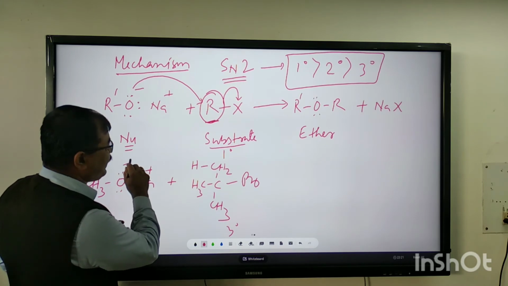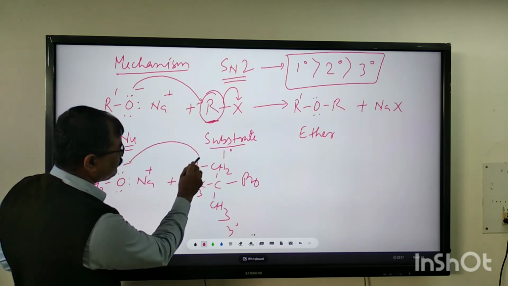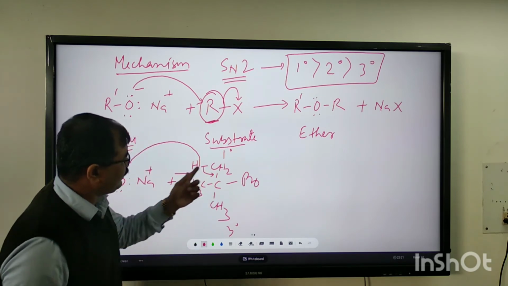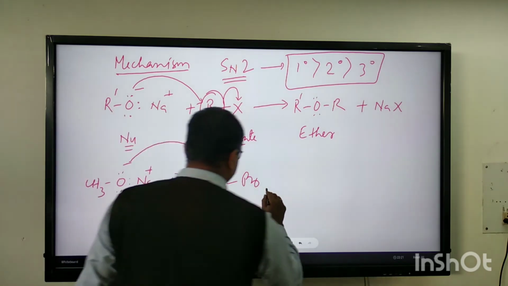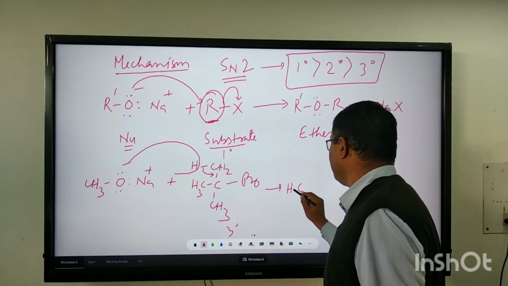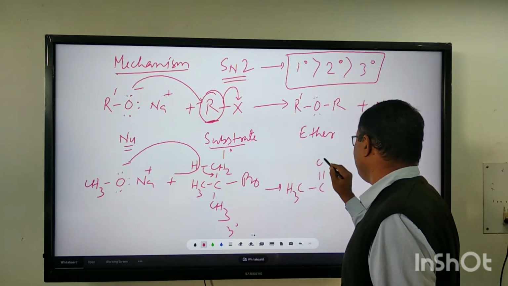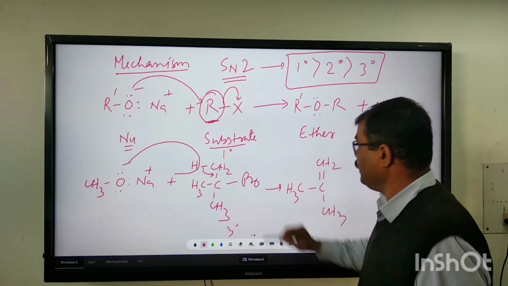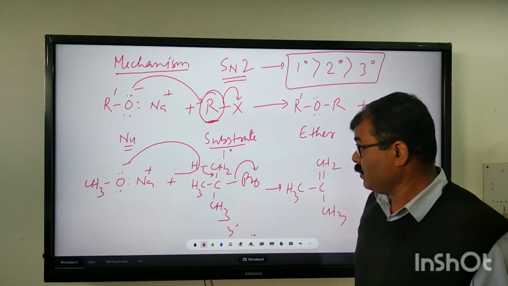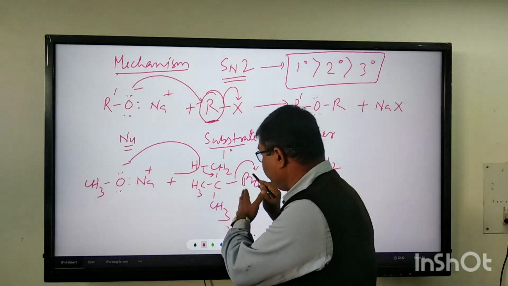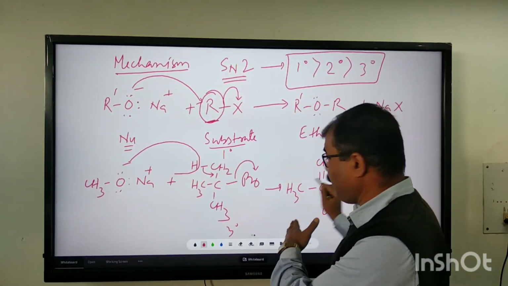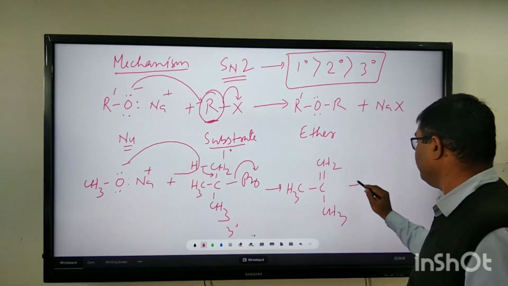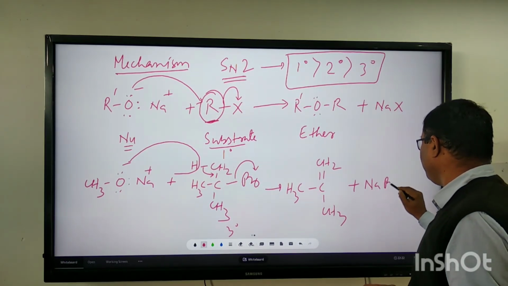So it will abstract a proton from here. This electron pair will transfer here and will form a double bond here. CH3, C, double bond, CH2, here it is, CH3. At the same time, this bromine will leave, otherwise carbon valency will be 5. So it is Br minus Na plus, we will get NaBr.